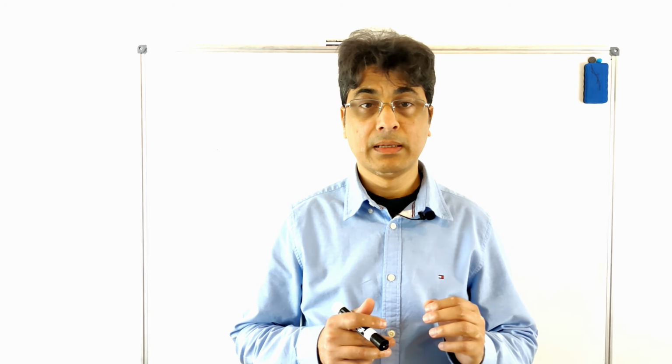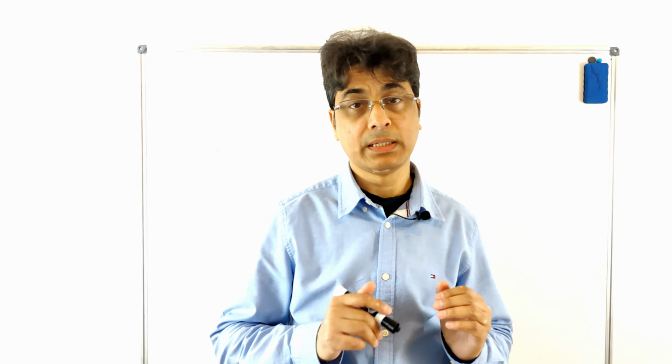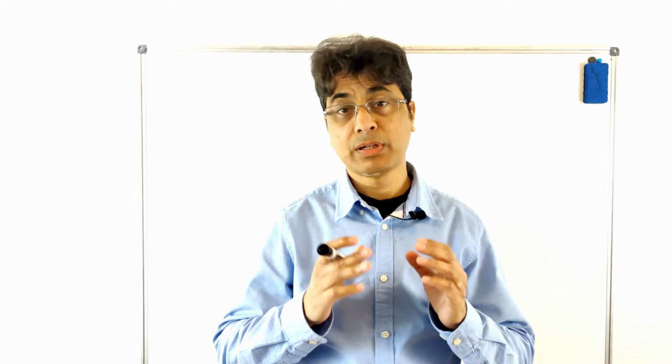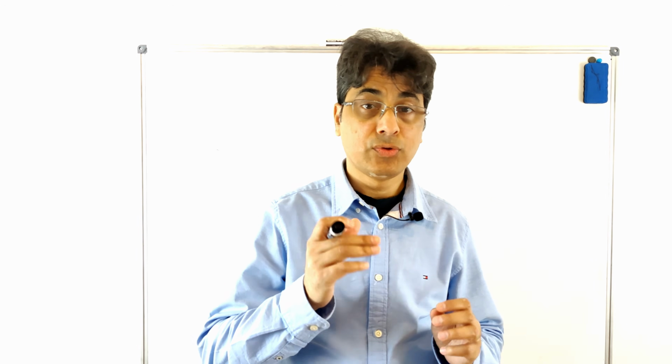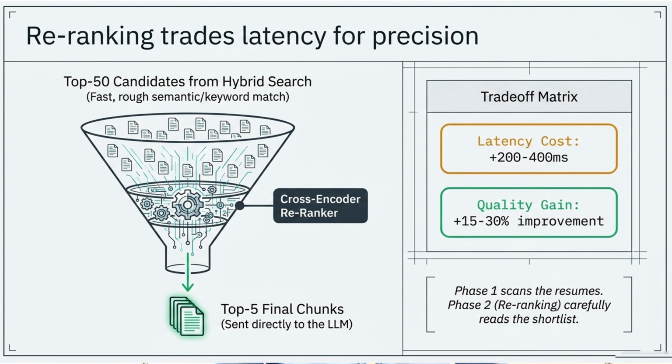But here's the thing. Those top 50 results are not in the best order yet. The initial search is fast but rough. Re-ranking takes those candidates and uses a more sophisticated model to score how relevant each one actually is to the query. Think of it as a two-stage hiring process. The first pass quickly scans resumes for keywords.